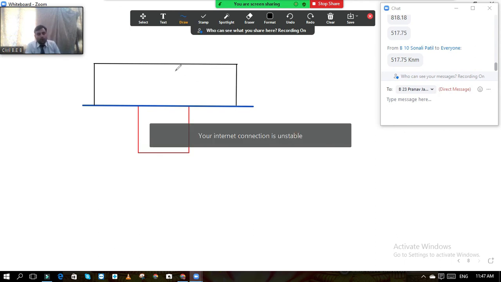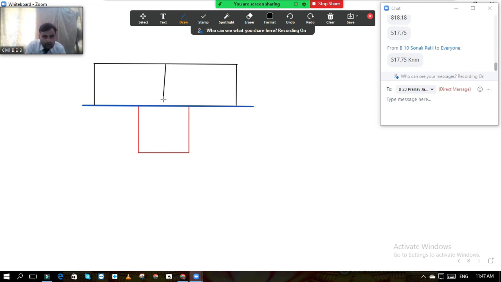Now see WX. For WX we want to calculate the UDL on this side. Here the UDL acting, we call WX, because this is our section XX. What will be this length?